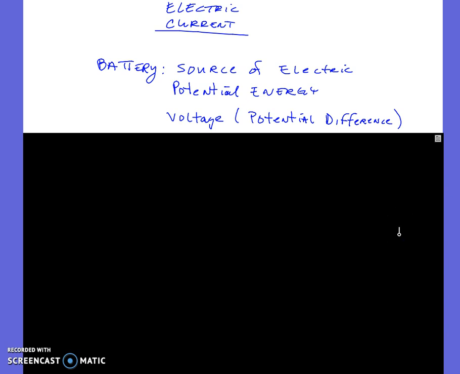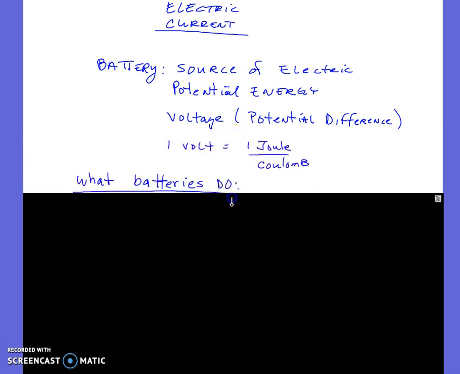Now, you're going to hear the words potential difference quite a bit, and potential difference means exactly the same thing as voltage. But what you need to remember about batteries is that they are a source of energy.